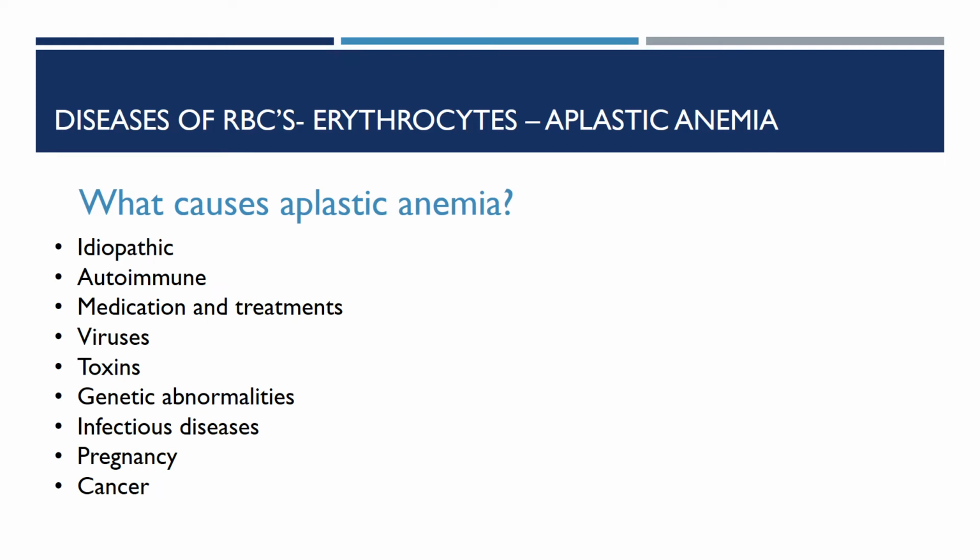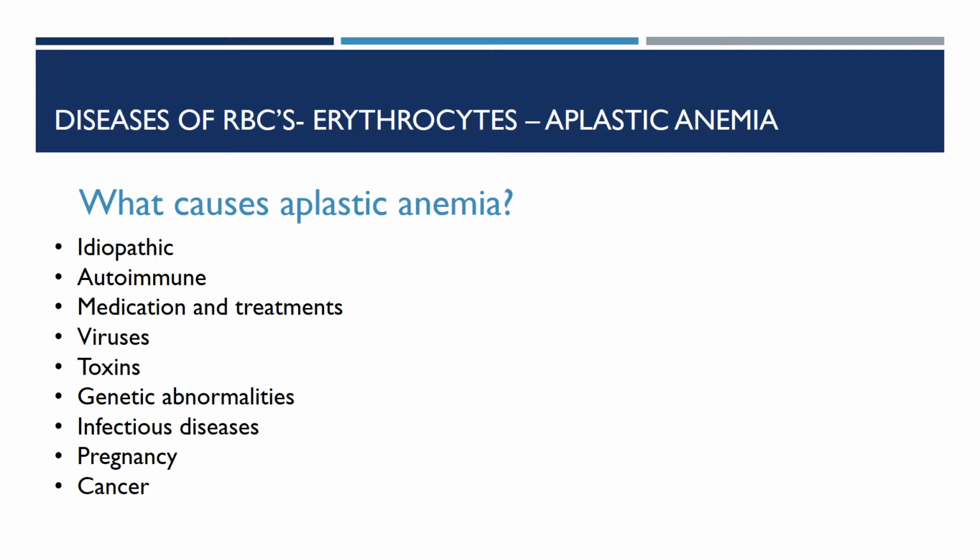So what causes aplastic anemia? Sometimes it's just spontaneous, such as idiopathic causes. It has autoimmune disorders, so if you have autoimmunity, the antibodies can attack your myeloid stem cell precursors, medication and treatments like radiation therapy and chemotherapy. You remember, they're not going to be specifically targeted towards any one thing. Viruses, toxins, genetic abnormalities.